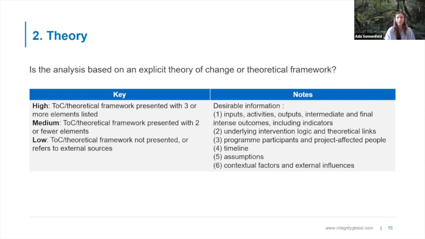We would expect in a high quality evaluation that there would be an explicit theory of change or theoretical framework present with at least three elements: the different types of activities, the way those will lead to different outcomes, and ideally any assumptions that inform whether or not those outcomes may or may not be achieved.